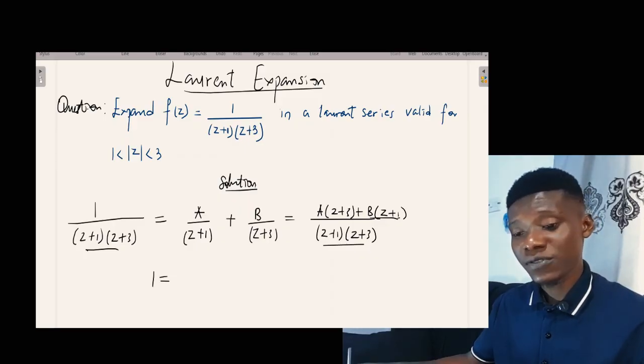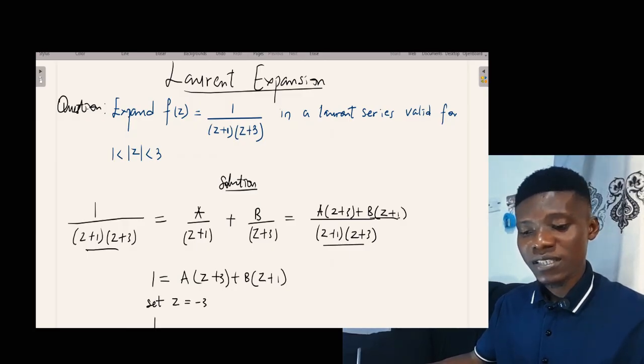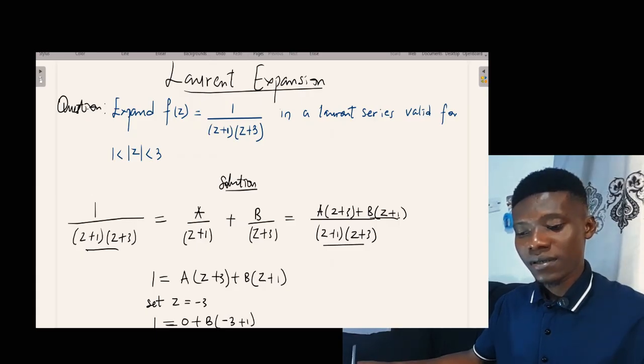So it is safe to say that 1 is the same thing as a into z plus 3 plus b into z plus 1. Now, when you set the value of z to be minus 3, 1 will be the same thing as 0 plus b into minus 3 plus 1, which will give us minus 2b, which implies that b is equal to minus 1 over 2.